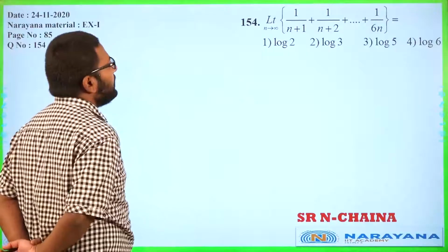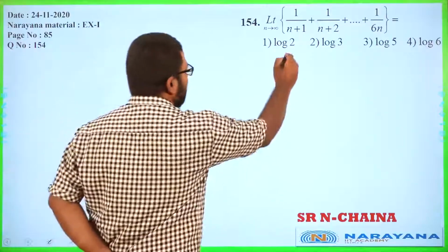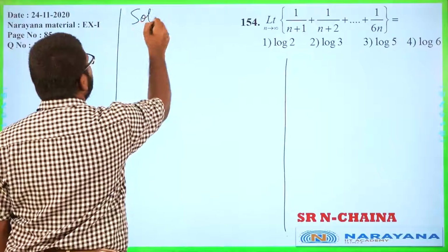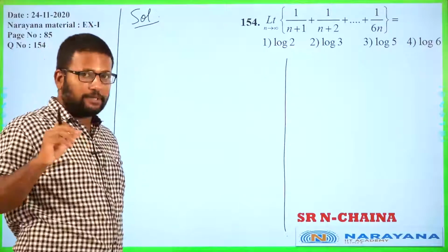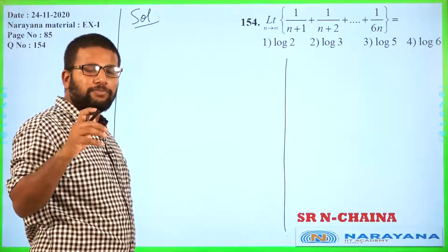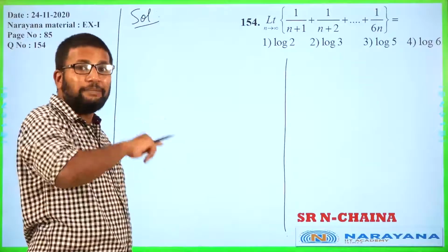Limit n tends to infinity 1 by n plus 1 plus 1 by n plus 2 up to 1 by 6n. Alright? Now, whenever you see such questions and if you get confused, start with recalling the property of integral as a limit of a sum.